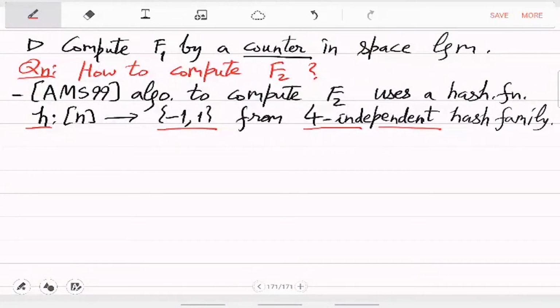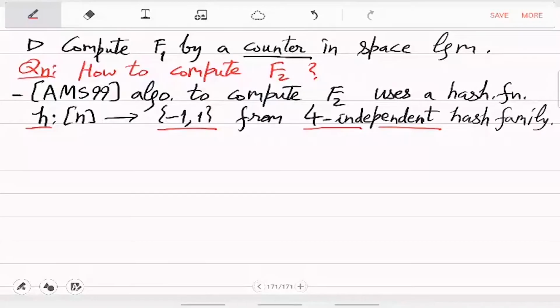How will you actually construct a 4-wise independent hash family? You really have to go beyond matrices for that. So, I will just leave it as an exercise, by using cubic polynomials.